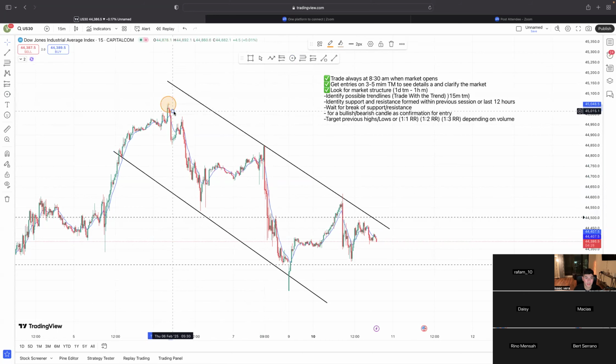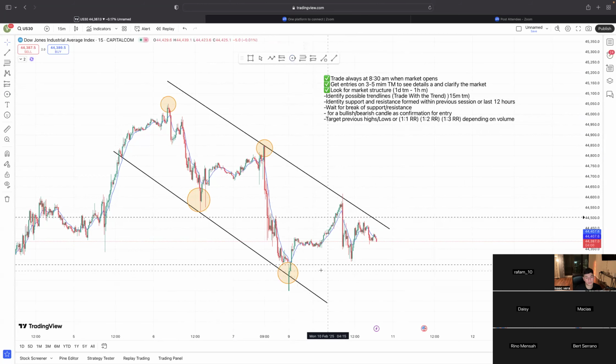We didn't break the structure. We didn't create a new higher high. So what happened? The market created a new lower low. And after the lower low was created, we created a new lower high, because this high is lower than this high. And then we're going to create a lower low lower than this one. So that's why it's called a lower low.